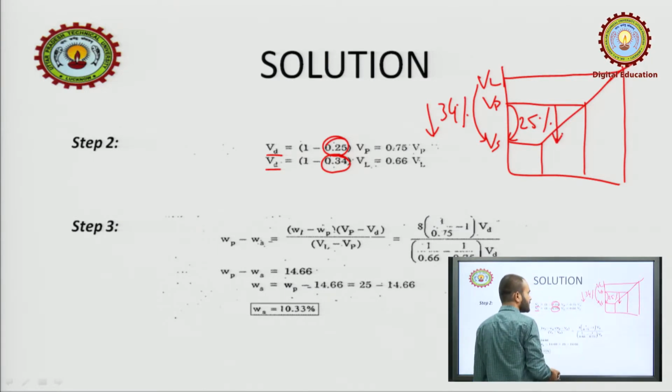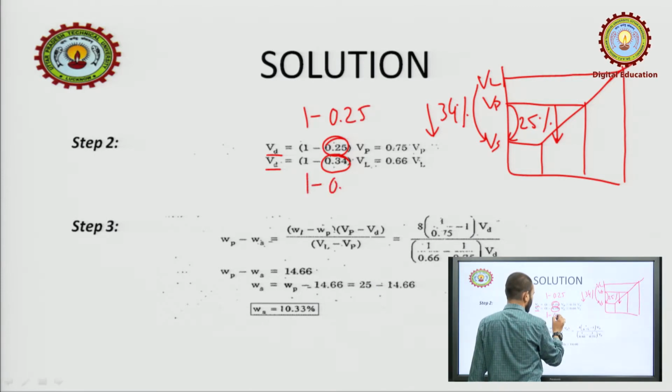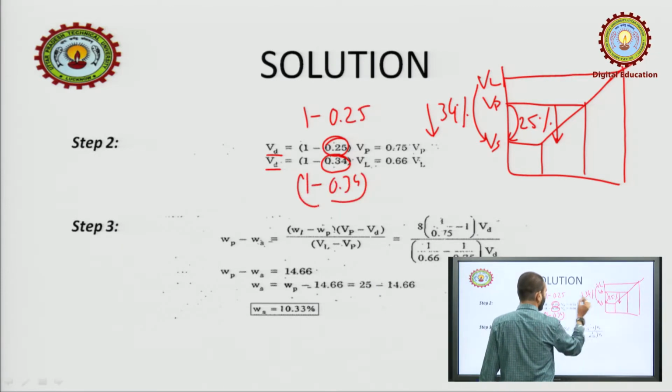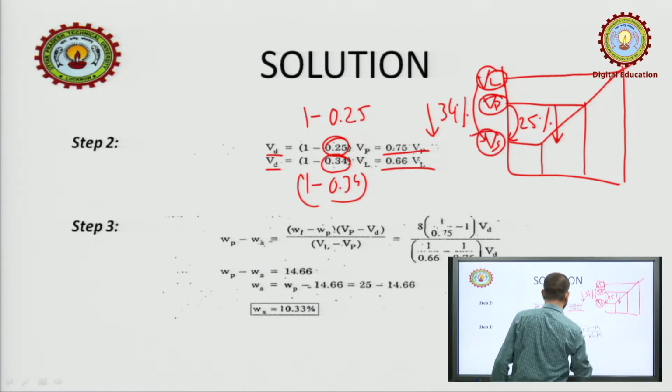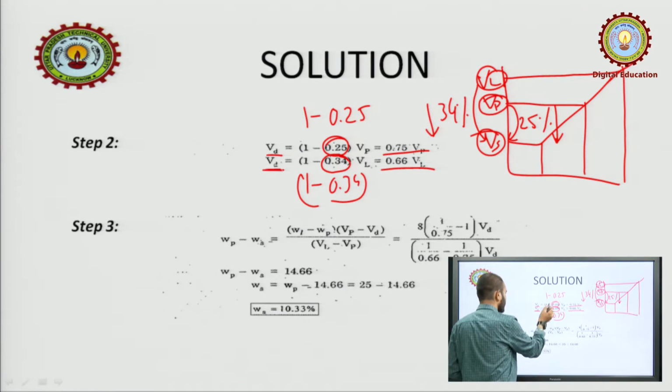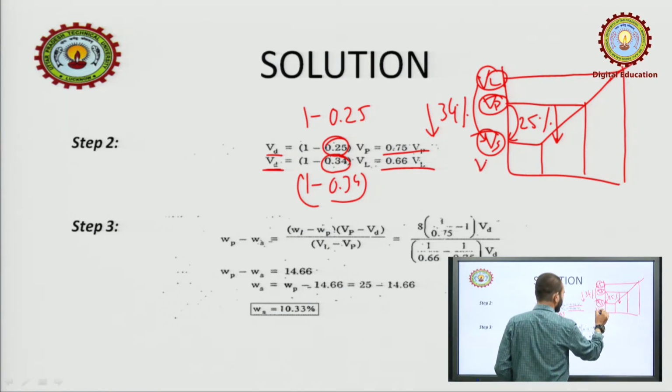So we have done 1 minus 0.25 and 1 minus 0.34 into the volume. So we get these volumes at Vs or Vd, you can say it Vs or Vd.